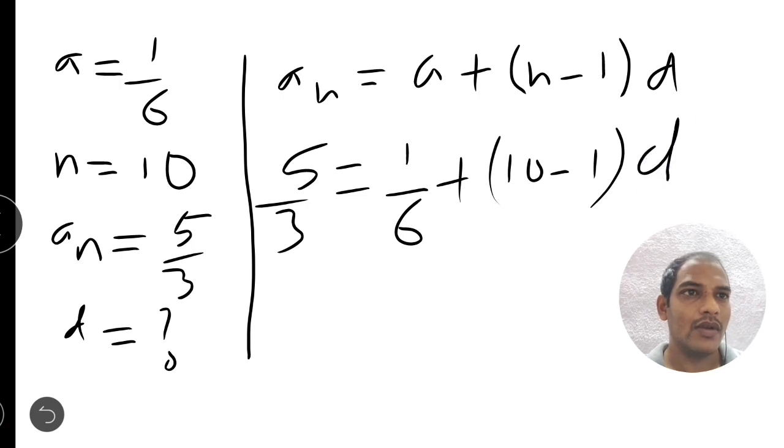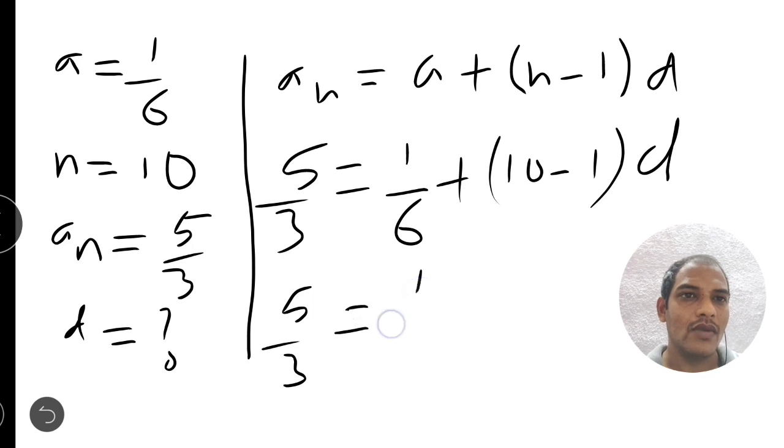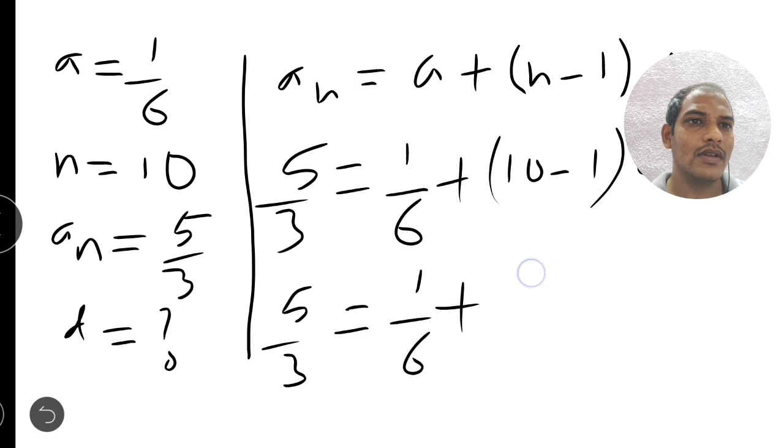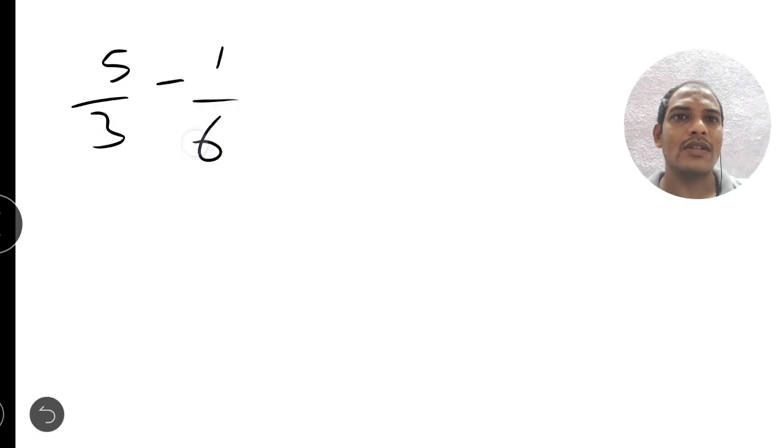So 5 by 3 equals 1 by 6 plus 10 minus 1 is 9 into d. To get the d value, first 1 by 6 transposes to the left side. So 5 by 3 minus 1 by 6 equals 9d.